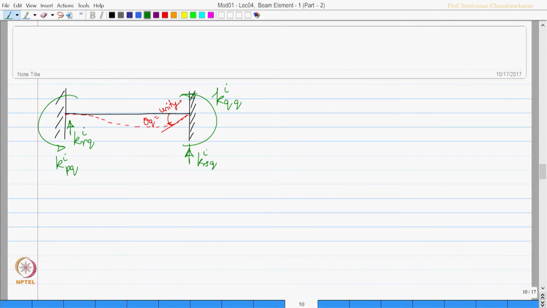So, this will be imposing unit rotation at end k of the member. Okay. So, that is this figure.